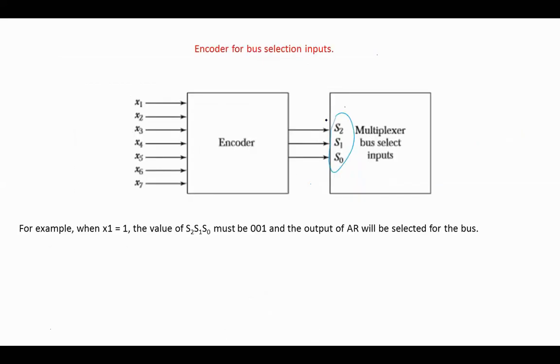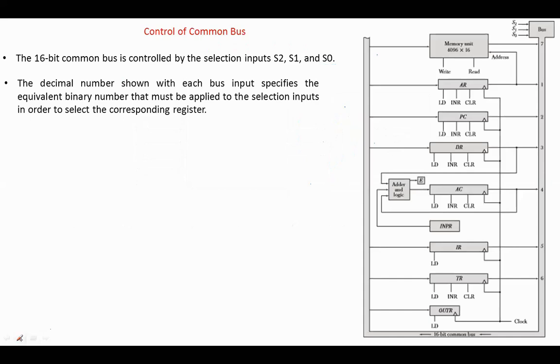The three encoder outputs are applied to the multiplexer bus select inputs. For example, when X1 equals 1 here, the output of the encoder is 0, 0, 1, and therefore the output of the address register will be selected for the bus.